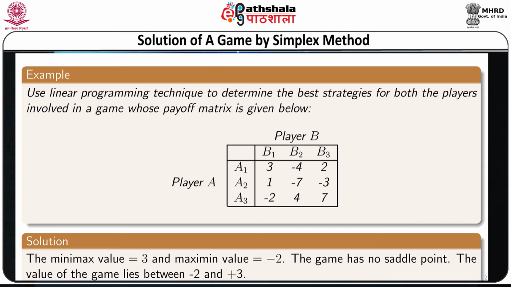We can see that the game has no saddle point, the minimax value is equal to 3 and the maximin value is equal to -2. That means the value of the game lies between -2 and 3. So, there is a possibility that the value of the game can be 0 or negative.